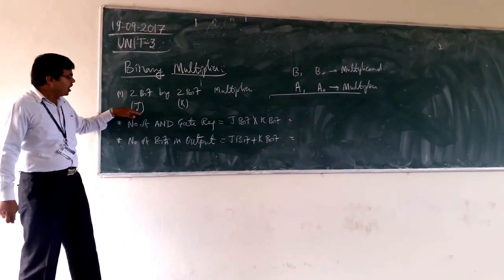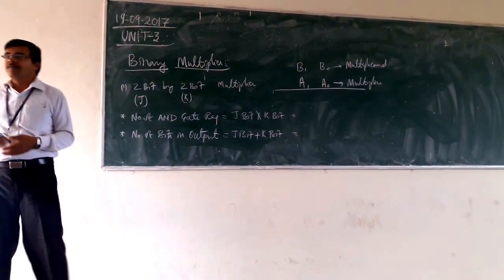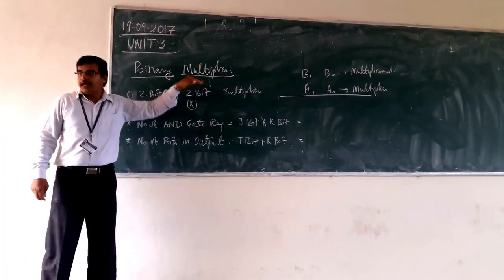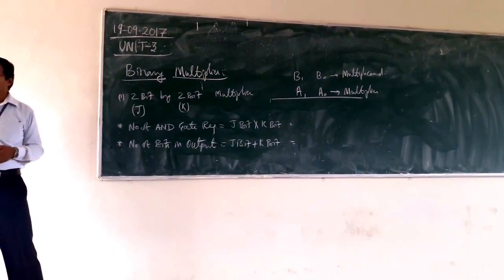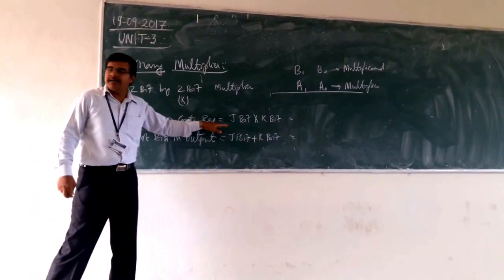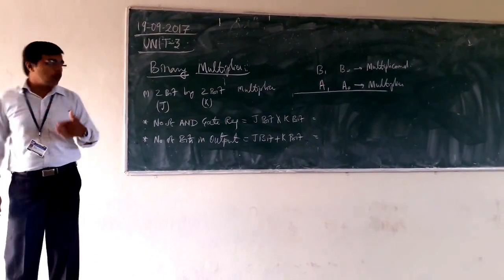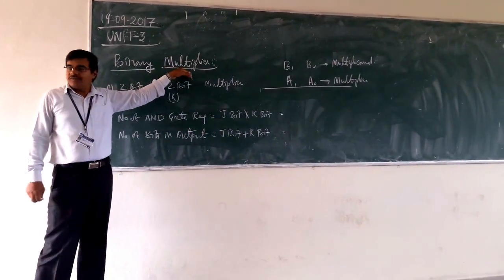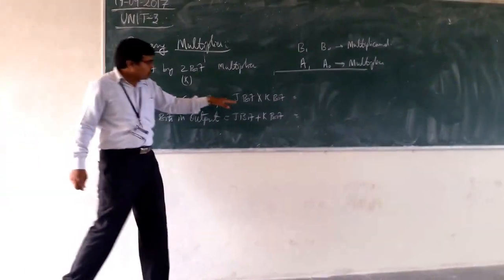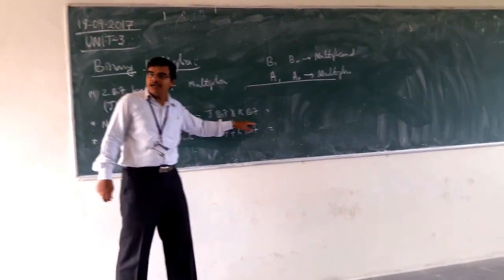So if you are having a J bit by K bit multiplier, then whenever we are going for designing of the multiplier, there are 2 key points that we should know. First one is the number of AND gates required. The number of AND gates required in the designing of this binary multiplier will be J bit into K bit.